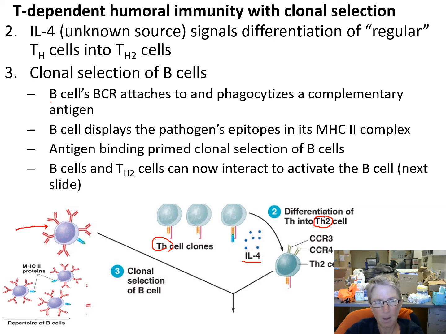So not shown in the cartoon, you have a B cell. Its B cell receptor is attaching to some specific antigen on a microbe, and then the B cell takes in that microbe with its antigen epitope and puts the antigen epitope in a specific MHC2 protein on the surface.